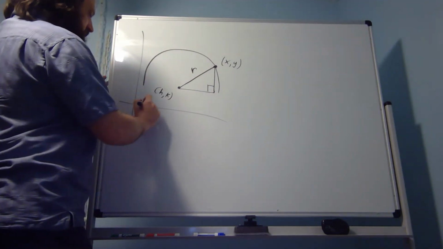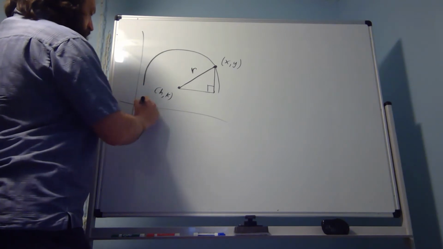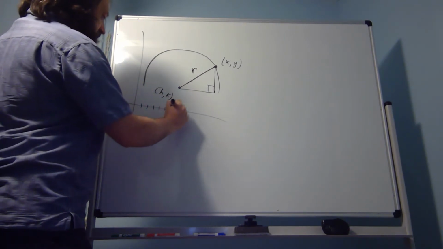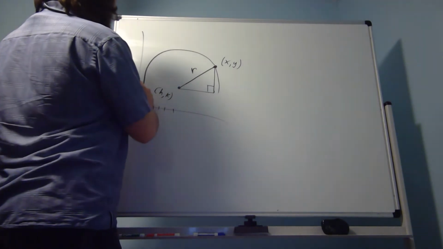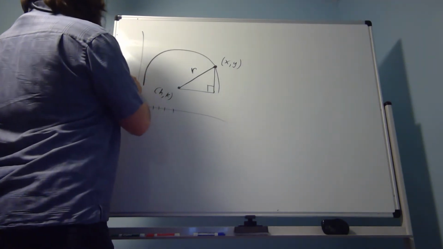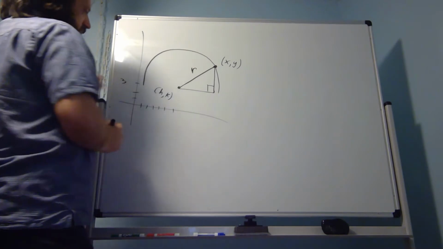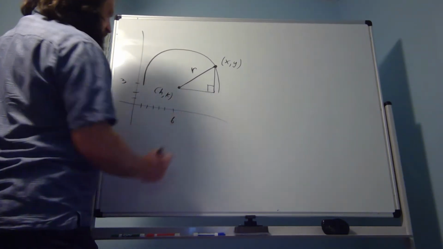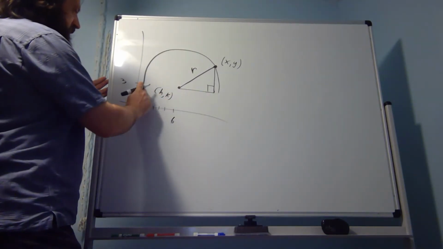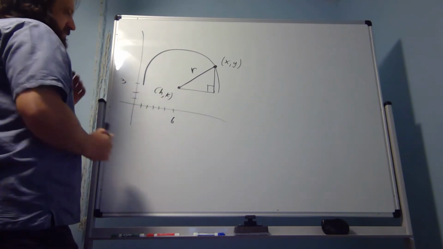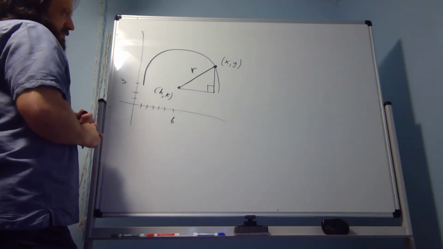Maybe, just for the sake of argument, let's say the x and y axes are here. So this could be 1, 2, 3, 4, 5, 6. Maybe the radius is 5, and maybe this coordinate is 6, 3.